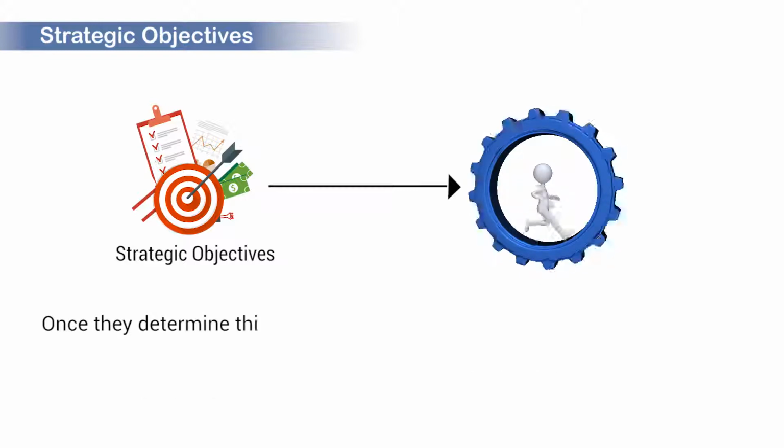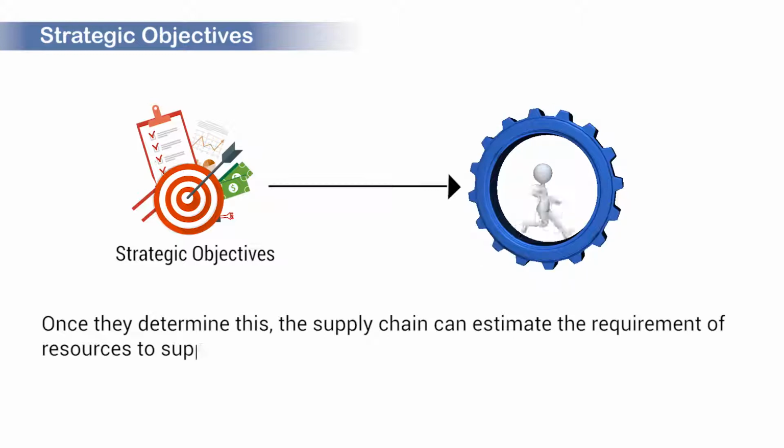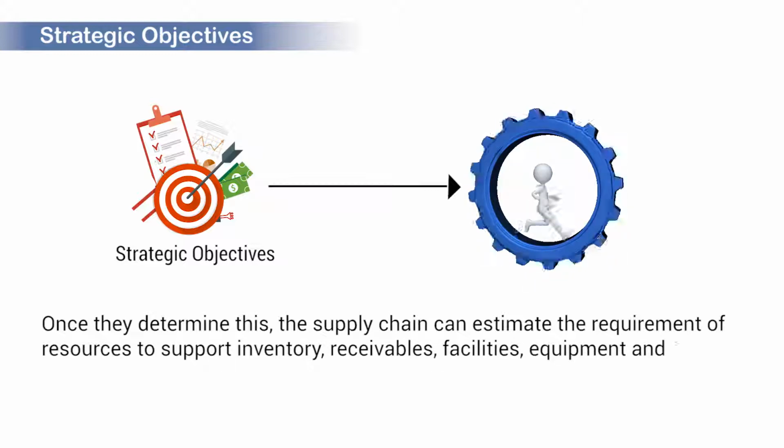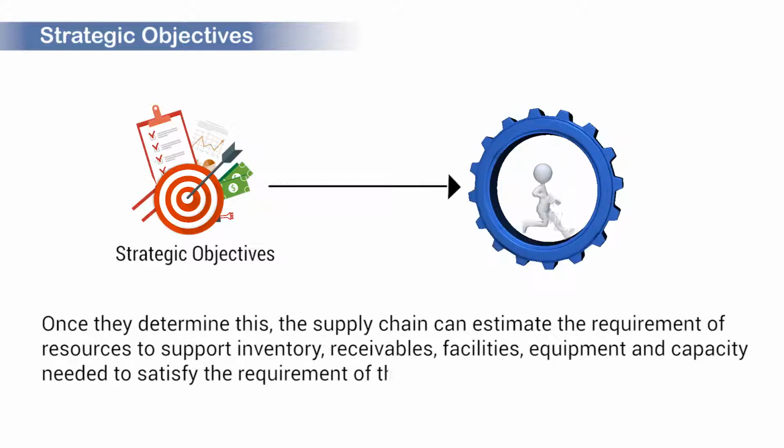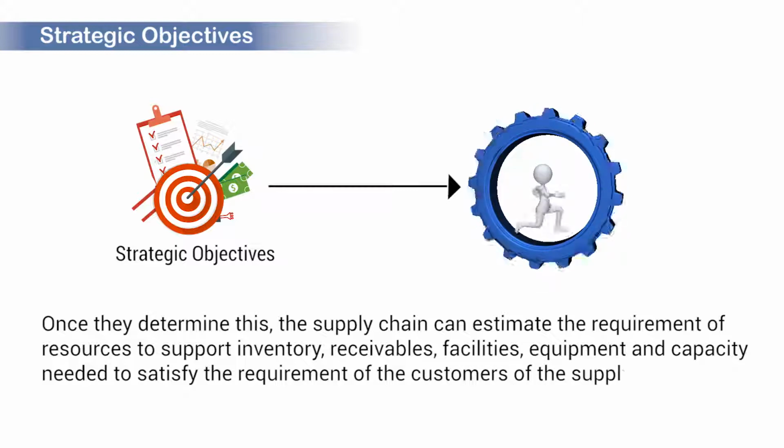Once they determine this, the supply chain can estimate the requirement of resources to support inventory, receivables, facilities, equipment, and capacity needed to satisfy the requirement of the customers of the supply chain.